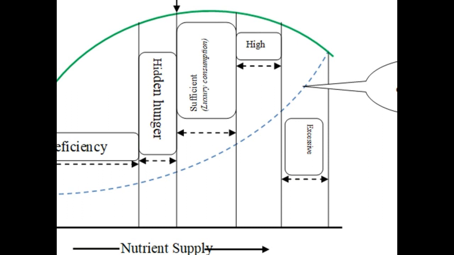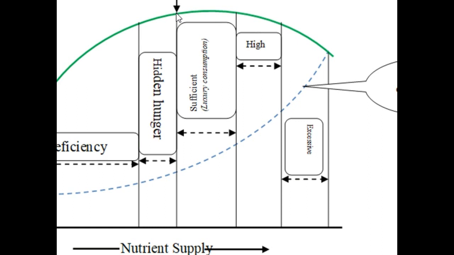This is the growth curve against the nutrient supply. If we supply the nutrient, then the crop yield will increase like this. This is not a straight line, this is a polynomial curve, and here this is the deficiency portion, and this is the critical nutrient concentration point.